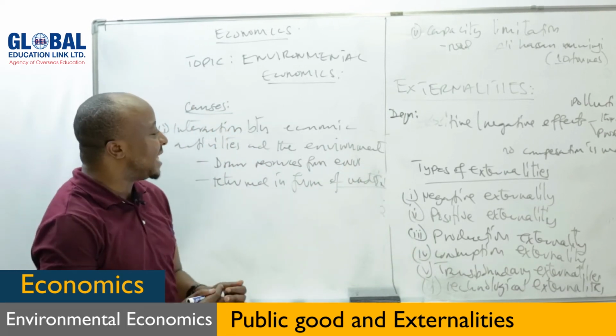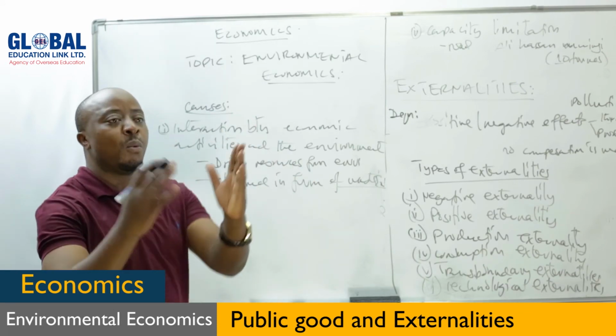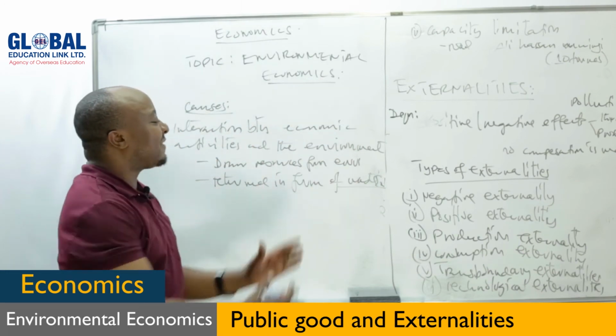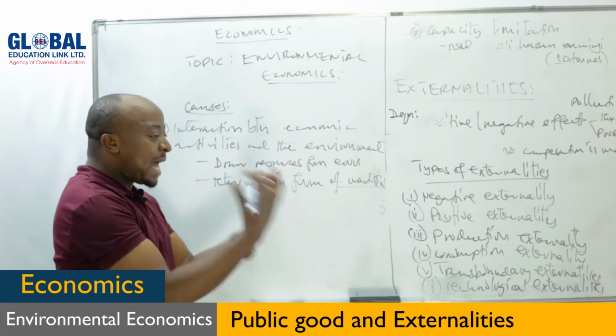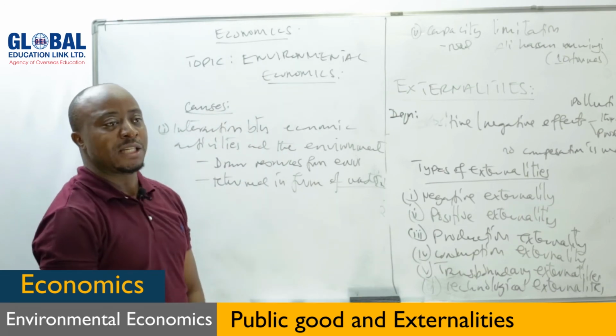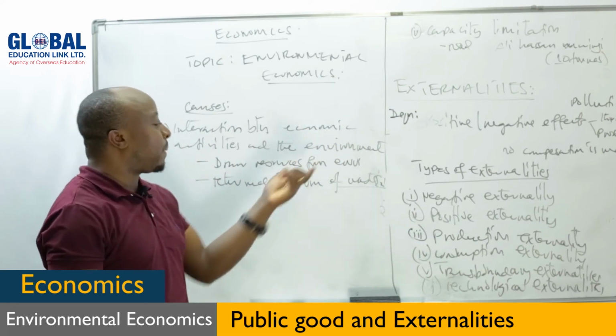So we have taken these resources from forestry, from water bodies, from the land in the form of minerals, and other kinds of resources. After using those resources, the byproducts, the waste, are returned back to the environment. So already they cause externalities because we return these products in the form of waste.